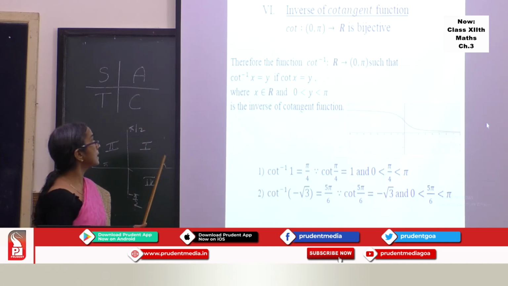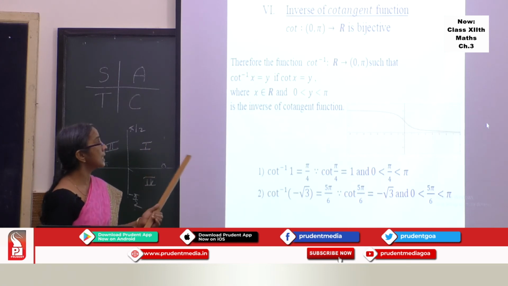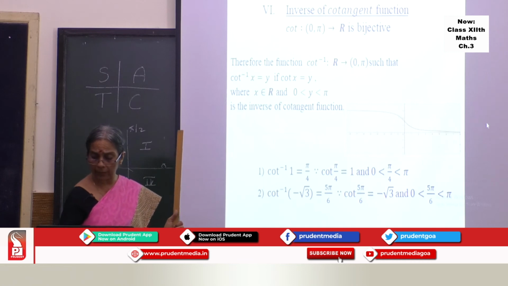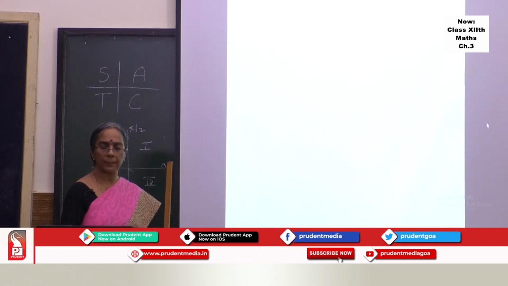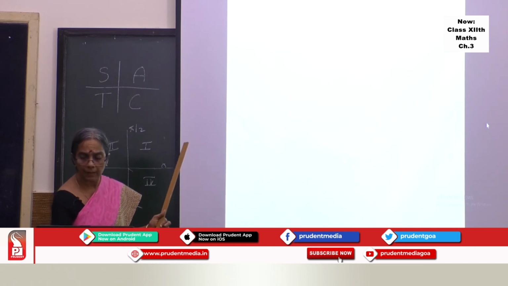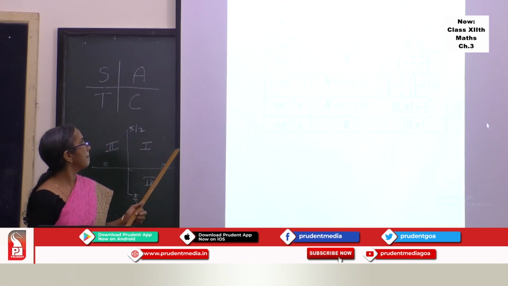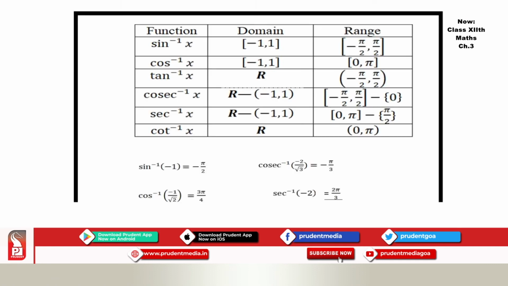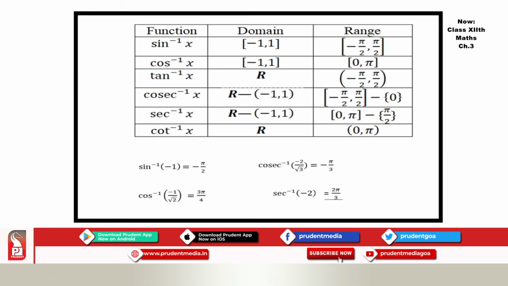Okay, these are the inverse functions. Now, it is very difficult to remember all the domains and ranges of inverse functions. So, I prepared a table to remember the domain and range of different inverse functions.